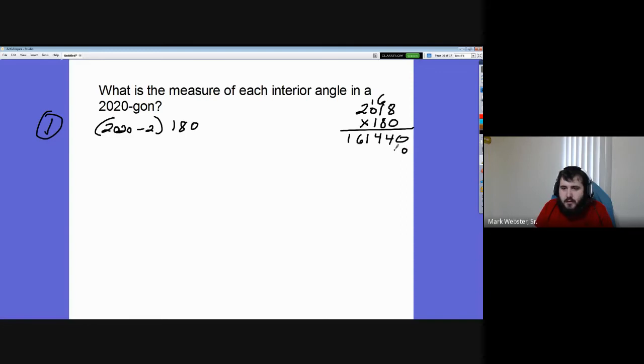And we got hundreds place, 8, 1, 0, 2. Add all that up, 0, 4, 12, 3, 6, 3. That is what all the angles add up to in a 2020-sided figure. So now let's find what one of them is.